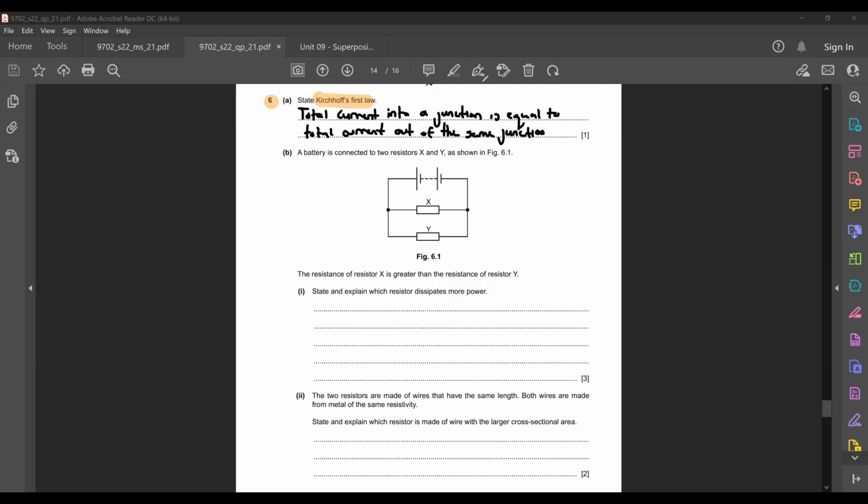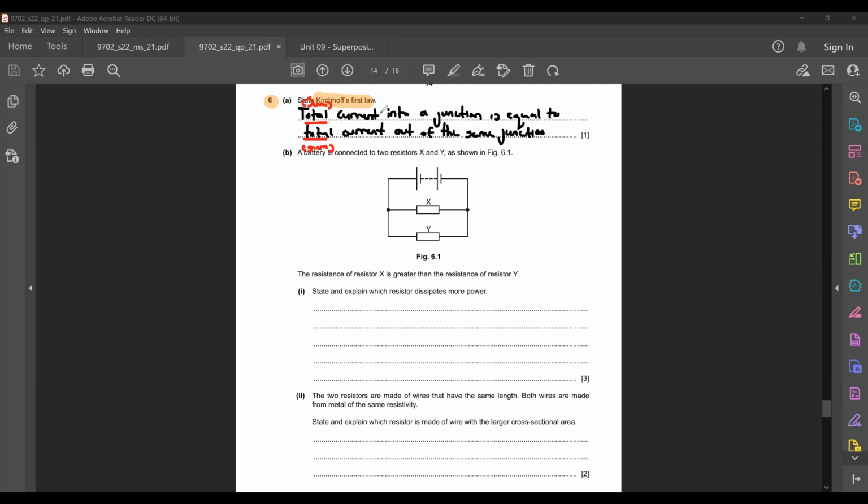Okay, now you need to be careful to always put in these keywords: total current or sum of currents. Total current into a junction is equal to total current out of the same junction.